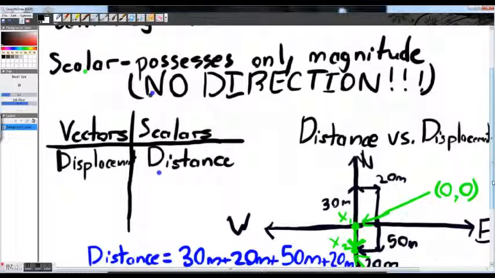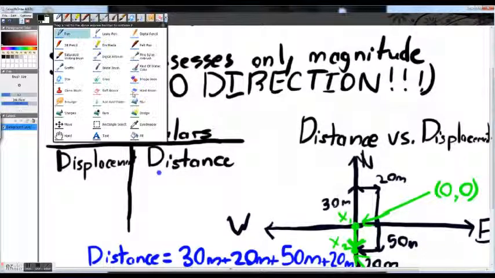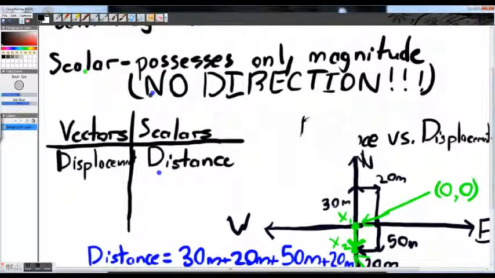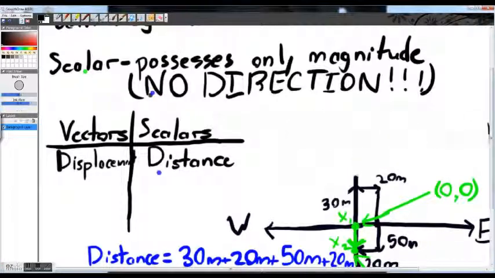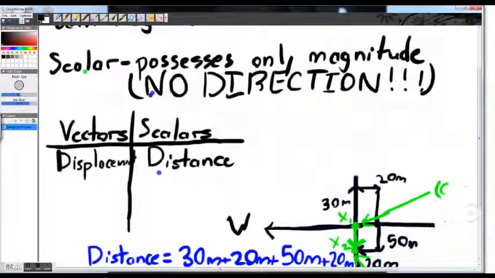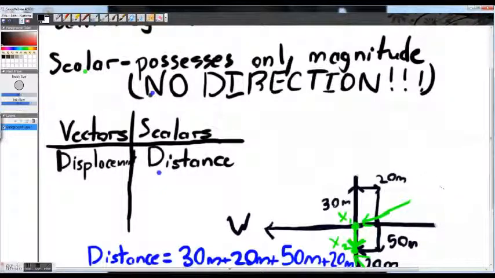Now, the next pair of terms we're going to cover will be velocity and speed.